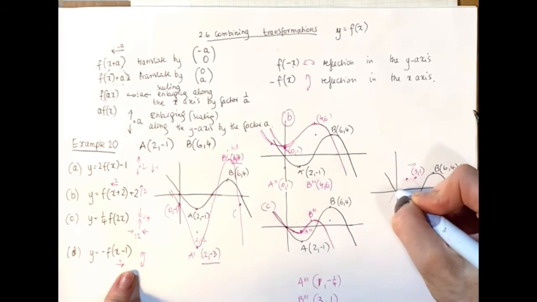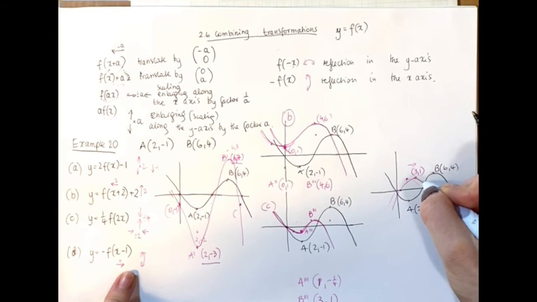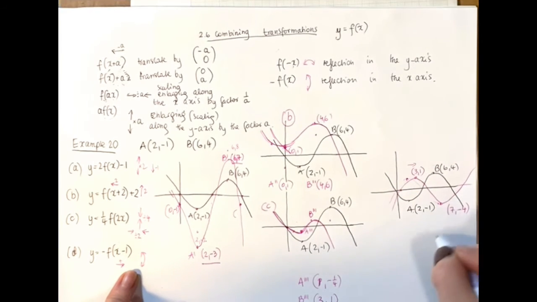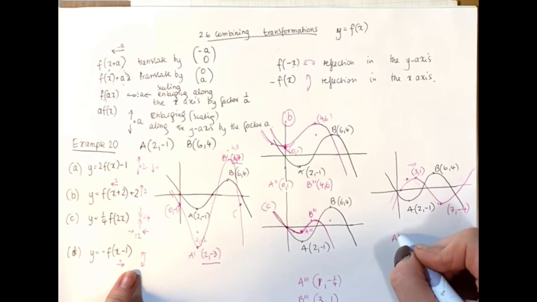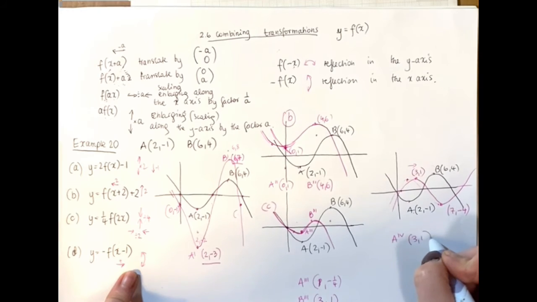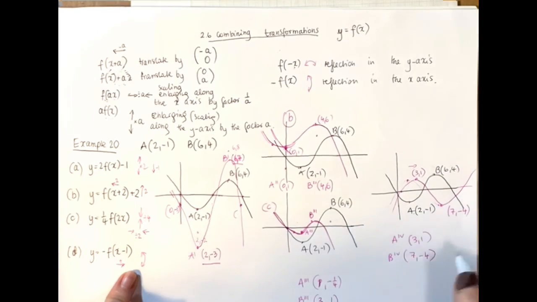There you go. This one here will go to 1. So A will go to 3, 1, and B will go to 7, minus 4.